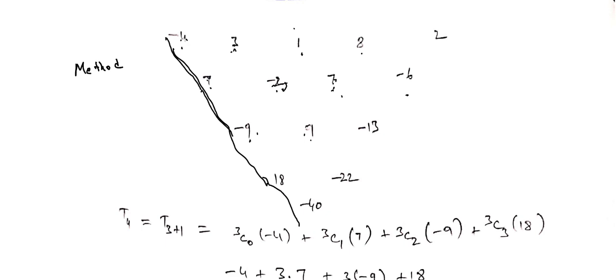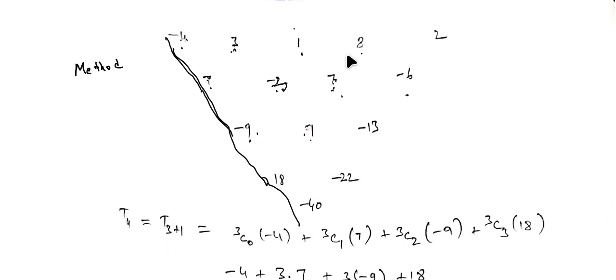General relation, obviously we can easily prove this also using mathematical induction. The general relation is, let's say for example we want to find out this 8, which is the T4th term, which we can write as T3 plus 1.